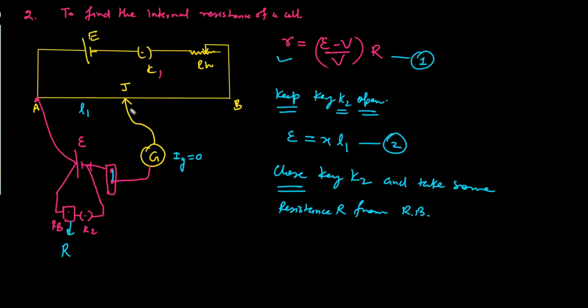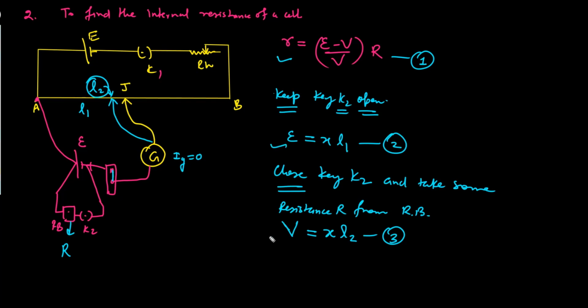Now again we will find the balance length, and let's say this time the balance length is L2, and this time it will give us potential difference, not EMF. In a closed circuit it gives potential difference. So balance length is L2, so V equals XL2. Let's say it is equation number 3.